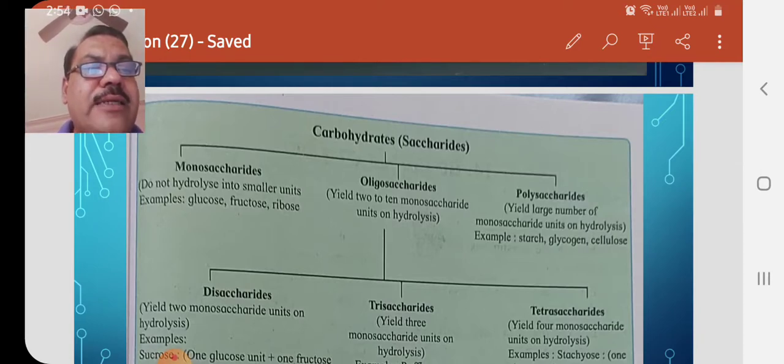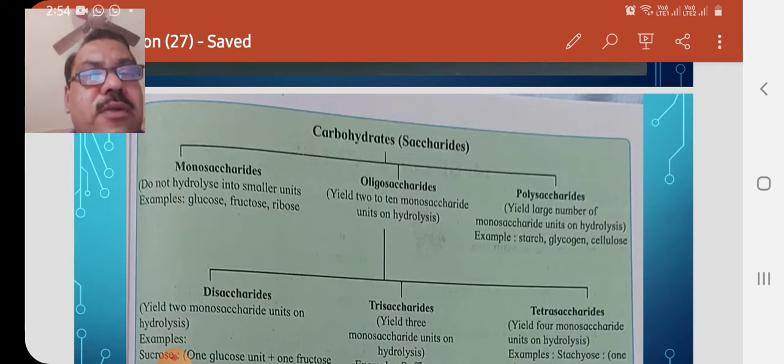And polysaccharides are the compounds which give a large number of monosaccharide units on hydrolysis, that is more than 10 monosaccharide units. Examples are starch, glycogen, cellulose, etc.